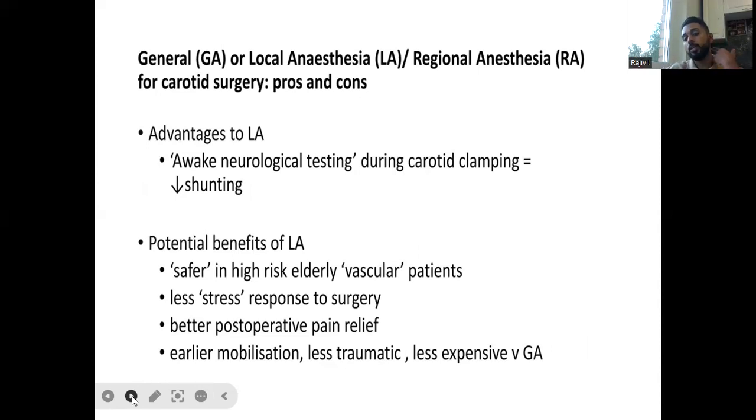For example, if the left carotid artery is performing the operation, then we give a ball in the right hand, right arm. And once we clamp and we have occluded the blood supply, what we do is we ask to press the ball or squeeze the ball twice. So we check for the motor response, okay, if it is working.